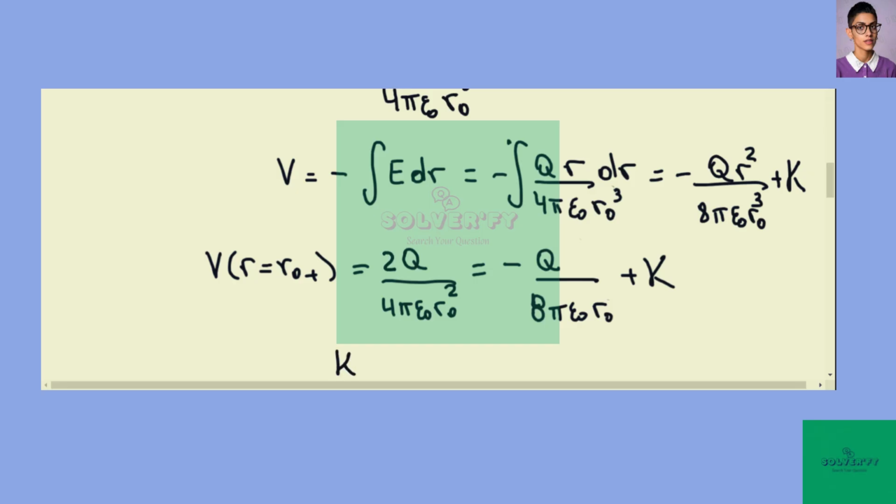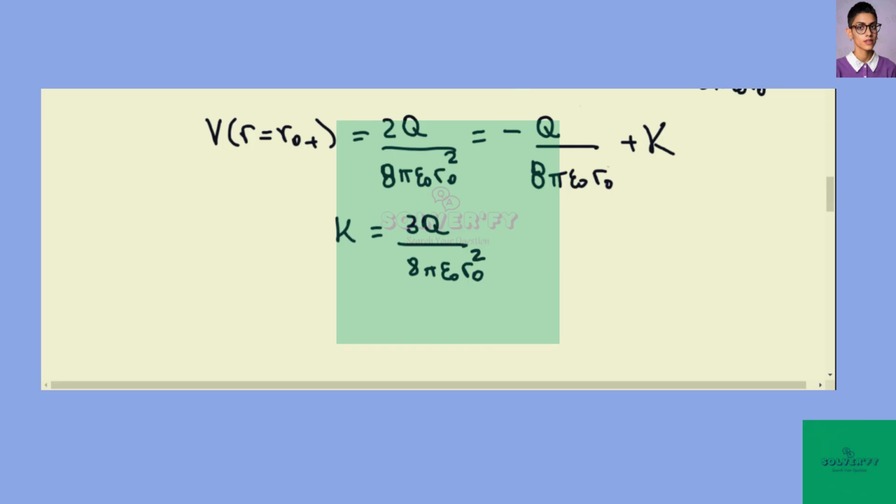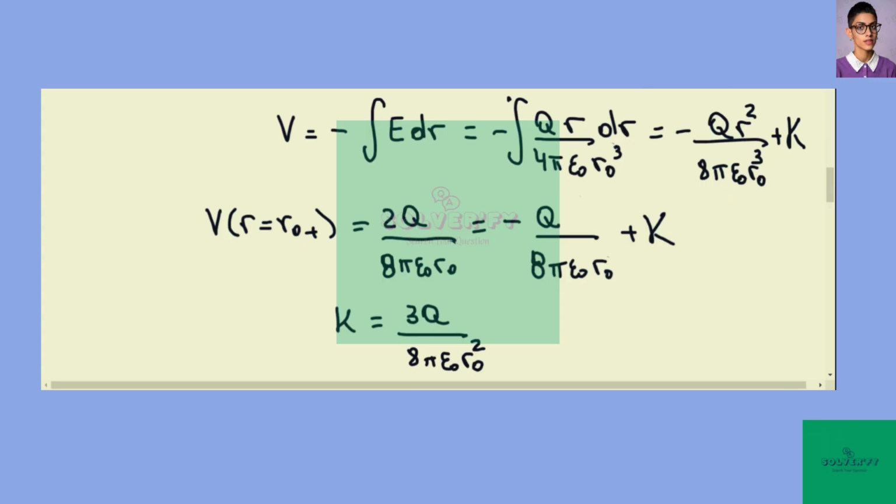Notice that this is 2, 8. So k is equal to 3Q over 8 pi epsilon 0 r0. Actually, there's no square. It should be just r0.